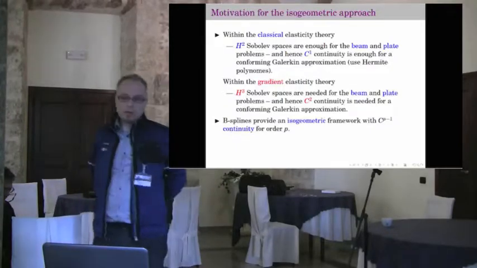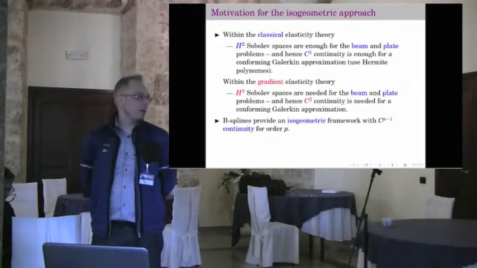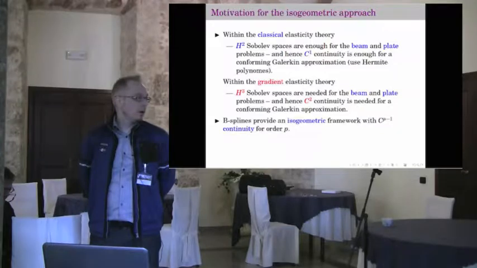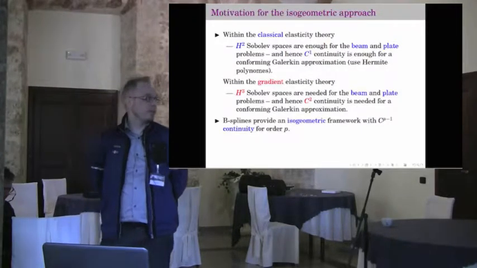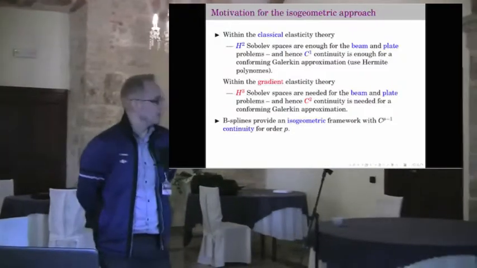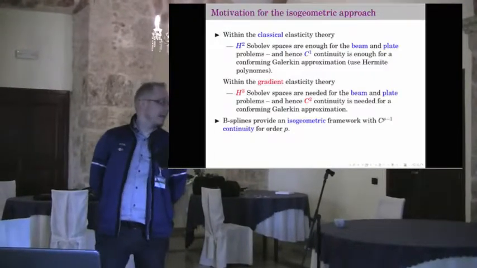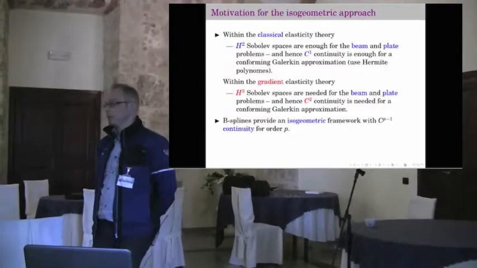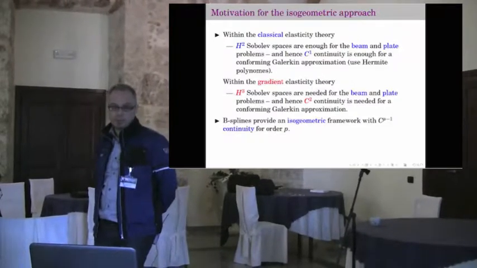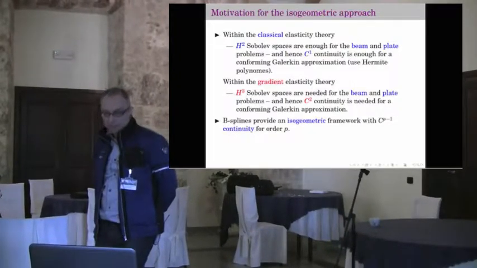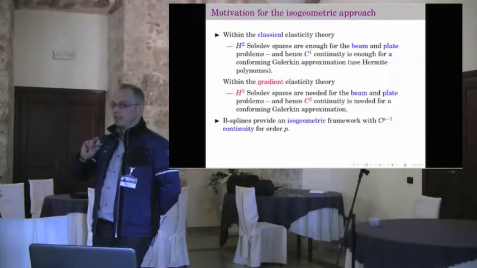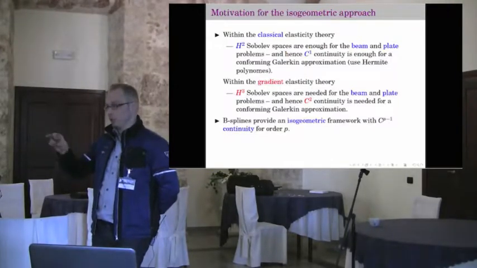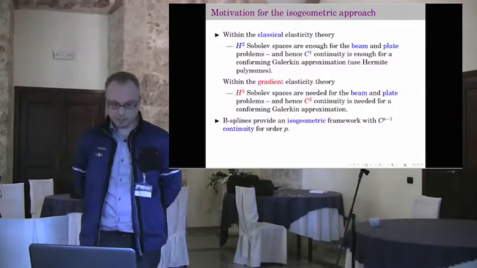And now why we use the isogeometric approach, because we want to use conforming methods, which means that in H2 we have to use C1 continuity, in H3 we have to use C2 continuity. So this is kind of the problem, and this is easily done. Well, not easily in a certain sense, but isogeometric analysis gives that easily for certain simple meshes, let's say so.